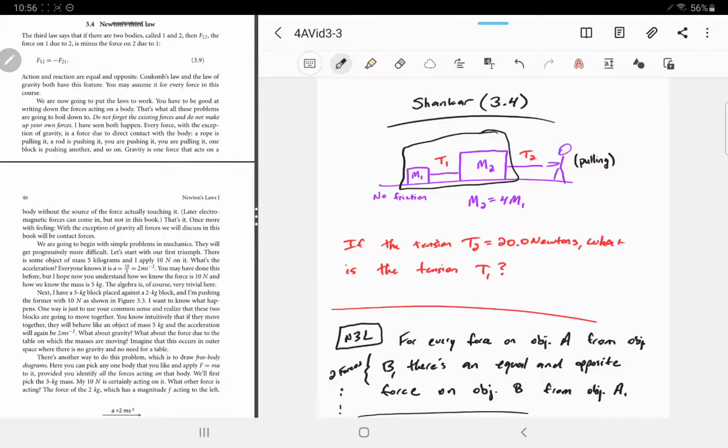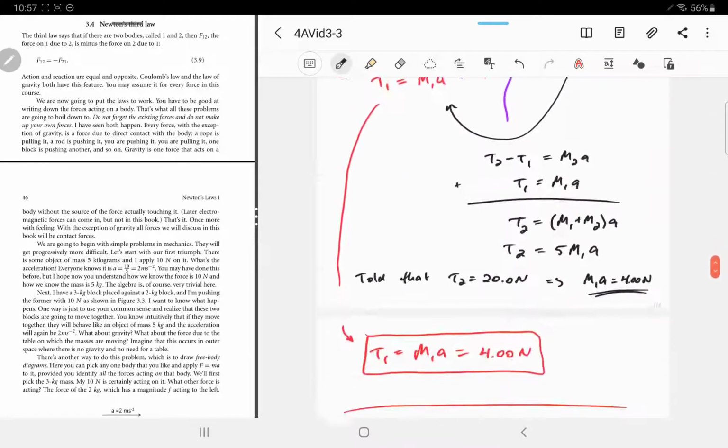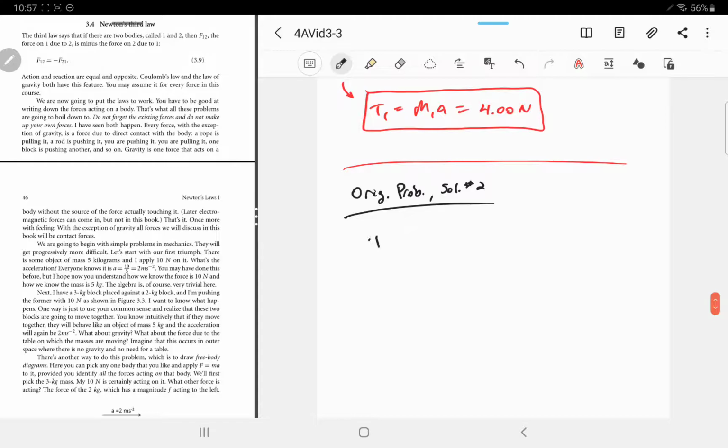Anytime you have multiple objects that are moving together, you can treat it as one object with one acceleration. So our second solution is going to involve treating M1 and M2 combined as one object.